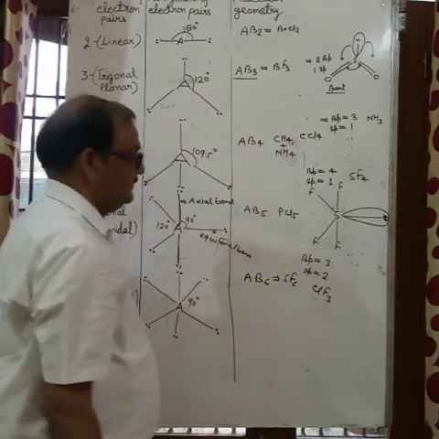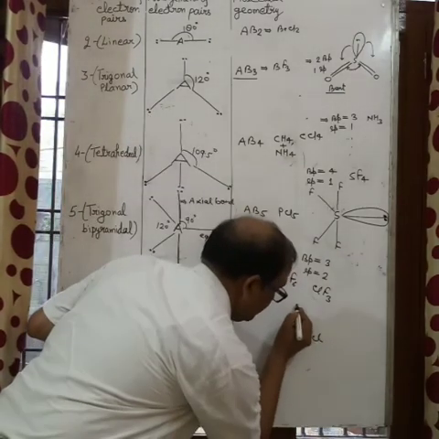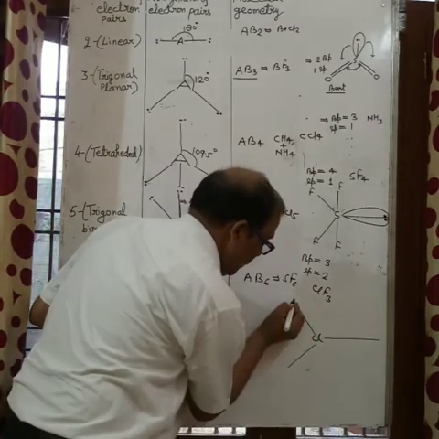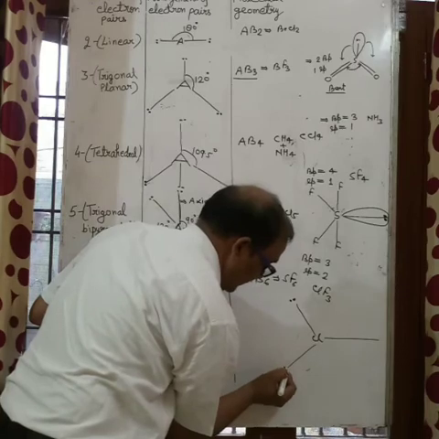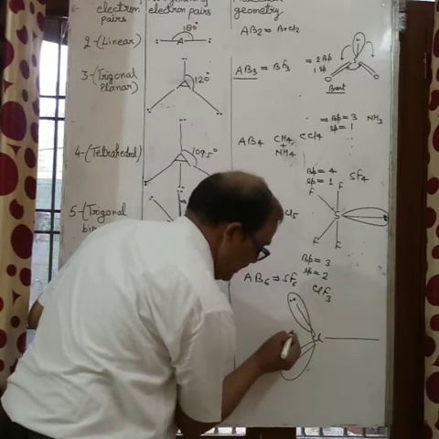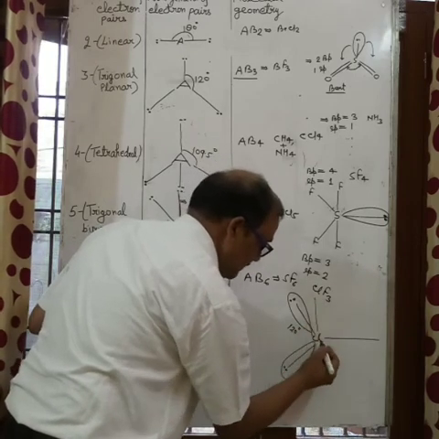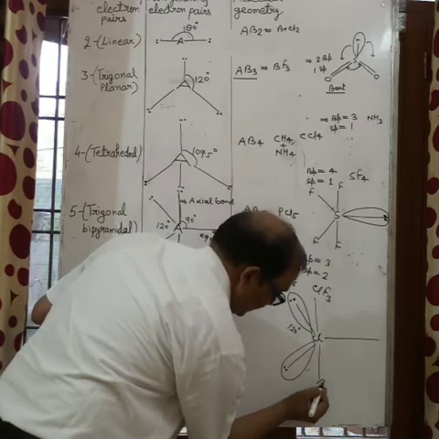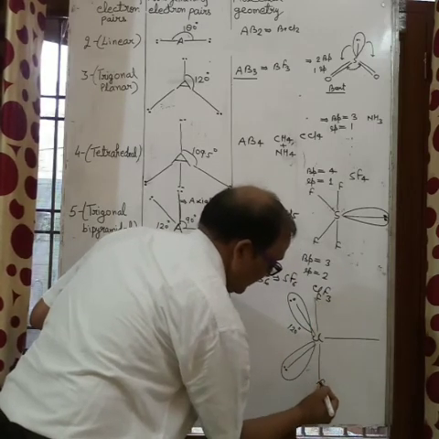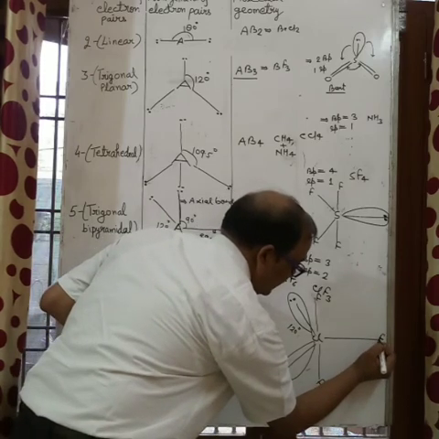For example, ClF3. So Cl is the central atom and 2 lone pair electrons are at the 2 equatorial places with 120 bond angle. There is a maximum bond angle, and the 3 bond pairs are at, one is above the plane, another is below the plane, and the third one is at the equatorial place.